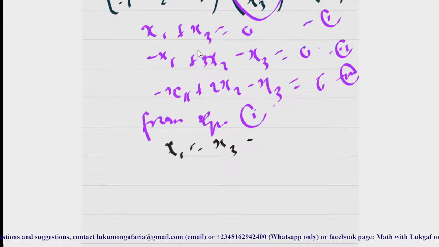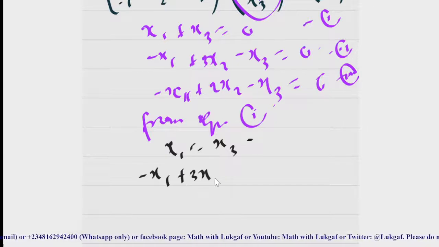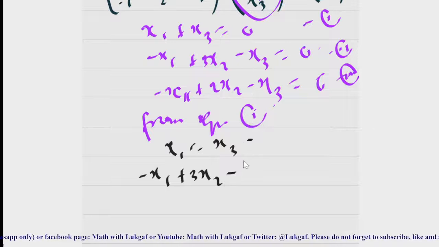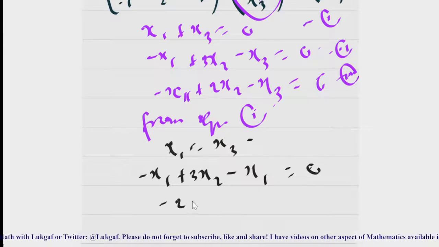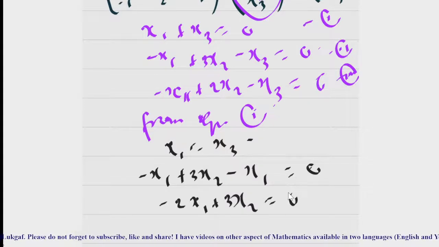Substituting into equation 2, it is going to give me minus x1 plus 3x2 minus x3, so minus 2x1 plus 3x2 is equal to 0.